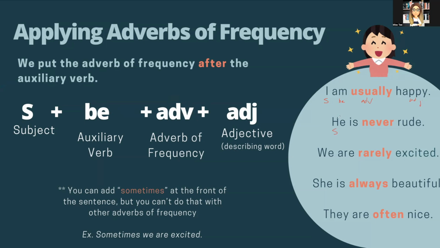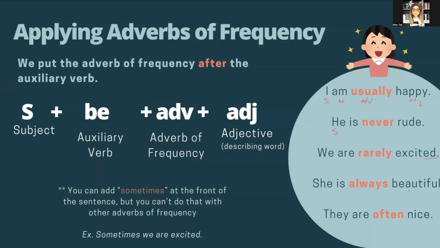Then because it's third person and it's singular, we have is here. And then never is our adverb, rude is our adjective. Again, down here, we are rarely excited. Subject, form of be, adverb of frequency, plus our adjective. Even if we have ed, it doesn't mean it's not an adjective. Sometimes adjective forms look like a verb and they take an ed.